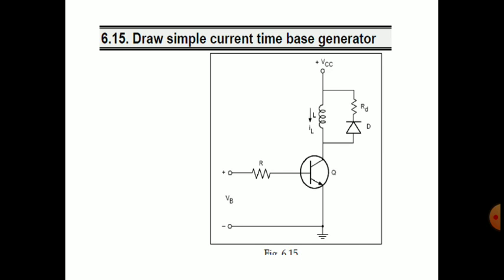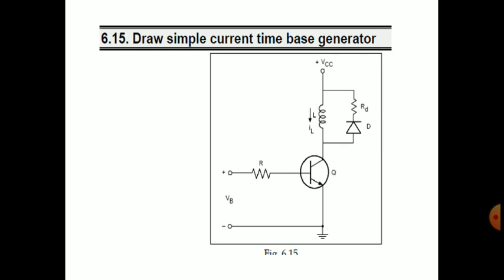We have an external source VCC, and we have VB, the voltage at the base, and a resistor, and there is a transistor. Instead of a switch we use the transistor here, and there is an inductor and a diode with resistance RD connected in parallel with the inductor.